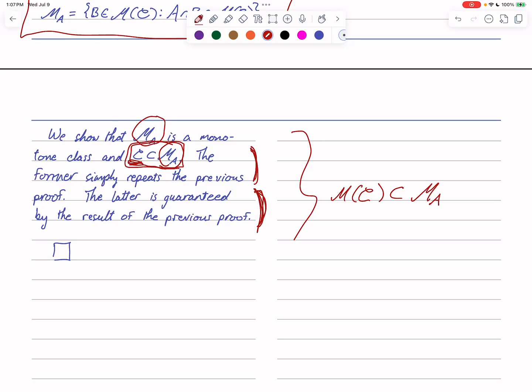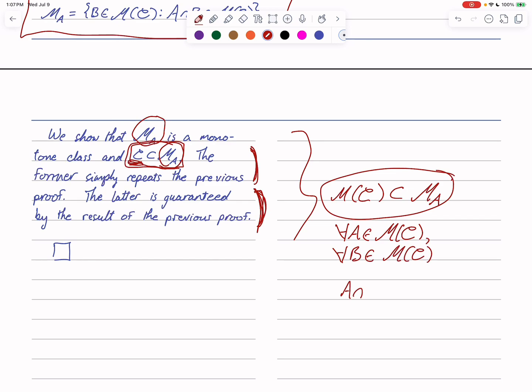And so this effectively says that if you take A and intersect it with anything in the monotone class, you get something in the monotone class. But A was arbitrary, right? So no matter which A you pick, you always get this result. So for any A in the monotone class, then for any B in the monotone class, you get that A intersect B is in the monotone class.